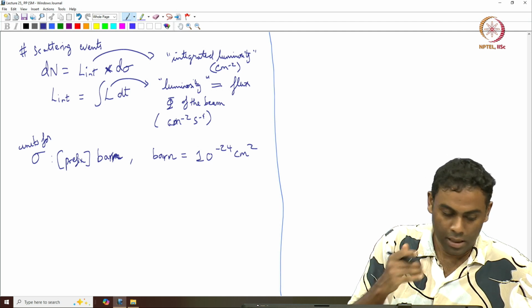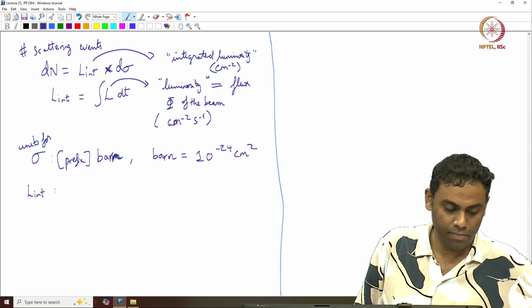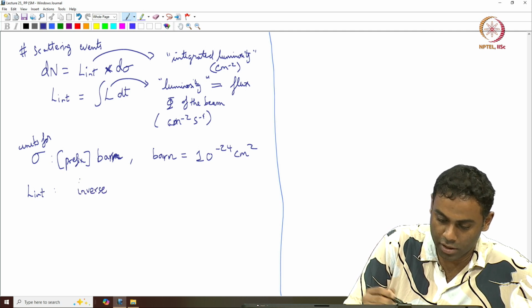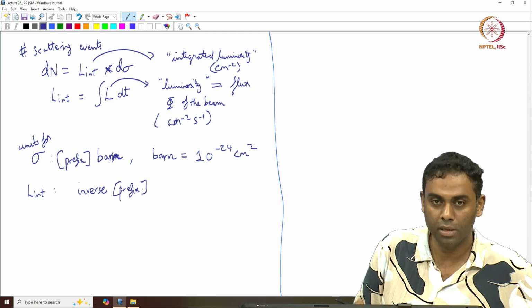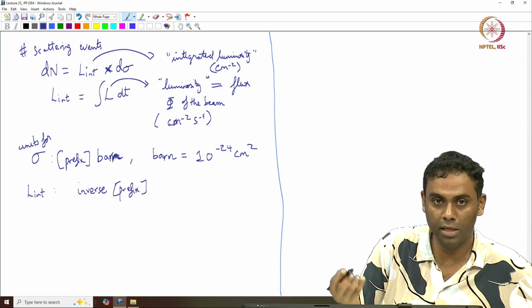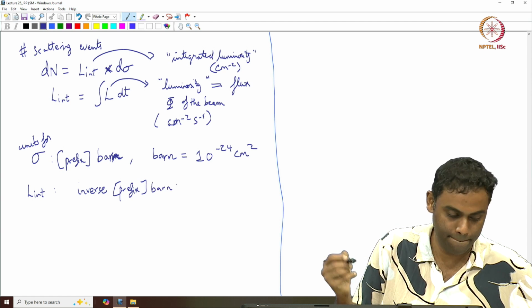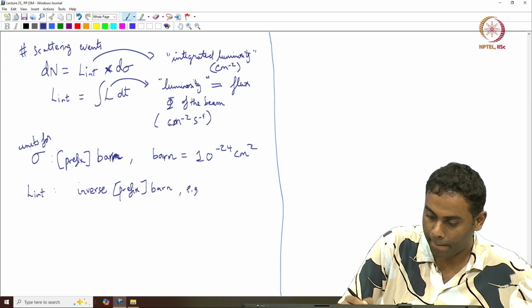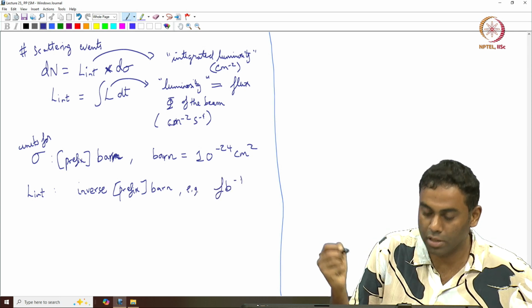Okay, that would mean the integrated luminosity has units of inverse some prefix barn. So what is this prefix? It could be femto, milli, and so on, right? So for example, the integrated luminosity could be expressed in terms of some inverse femtobarn.